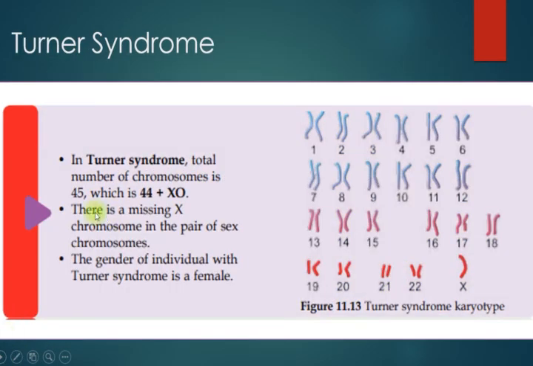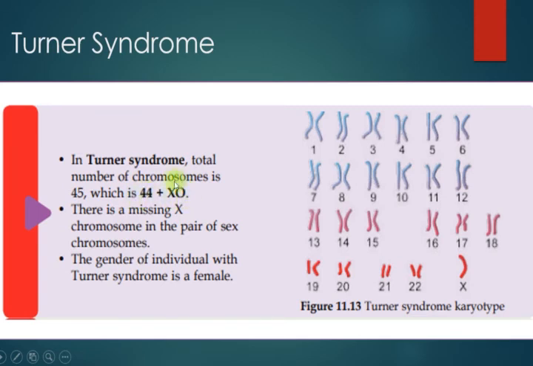The second genetic disease caused by non-disjunction is Turner syndrome. In Turner syndrome, the total number of chromosomes is 45. So it is abnormal. Why abnormal? Because for a normal human, we have 46 chromosomes. For Turner syndrome, they have 45 chromosomes, which is 44 plus XO.